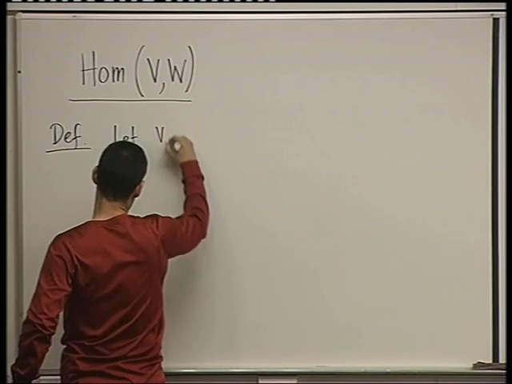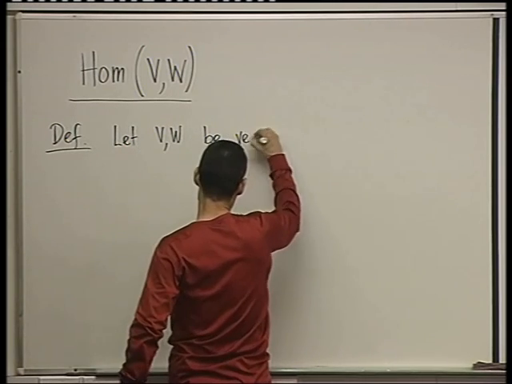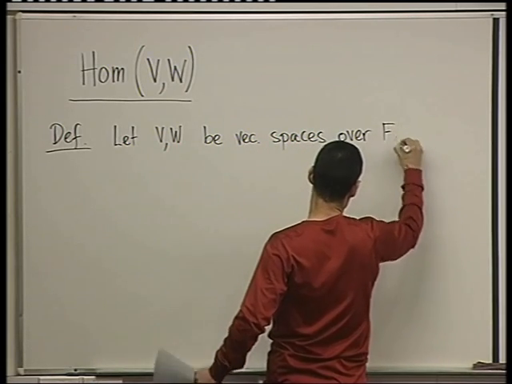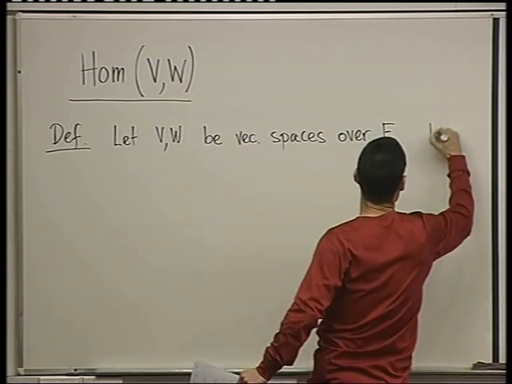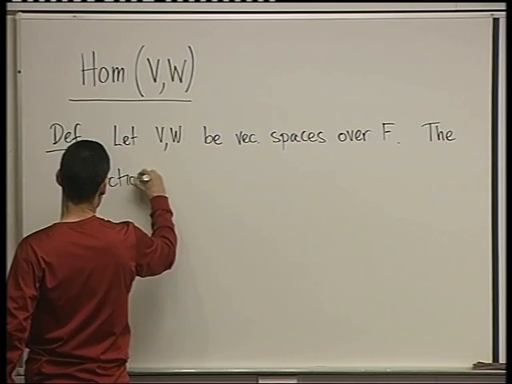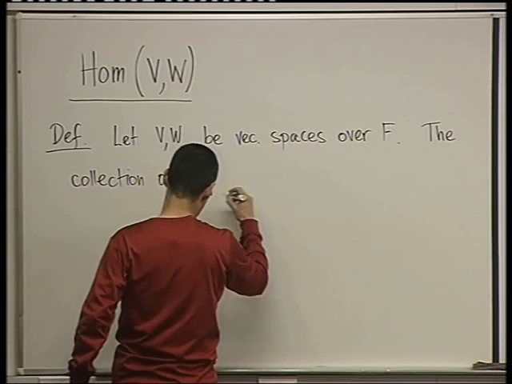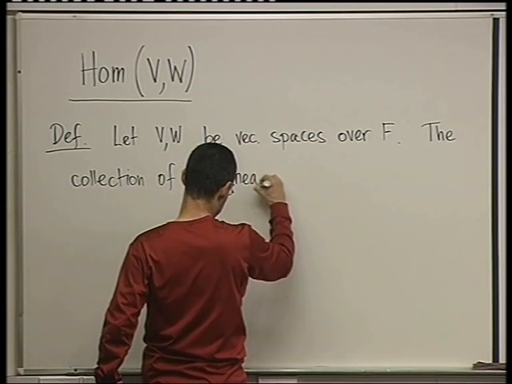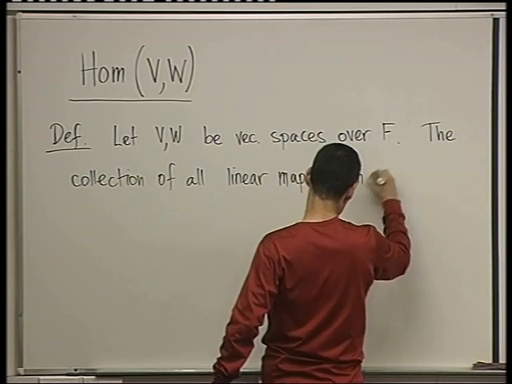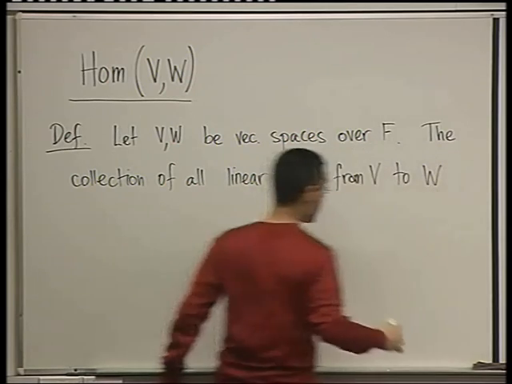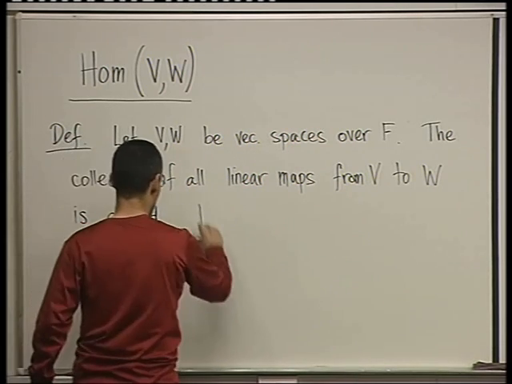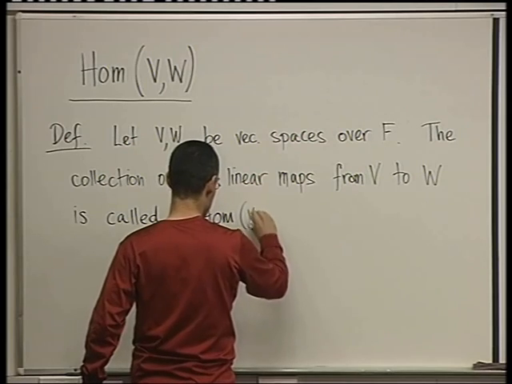Let V and W be vector spaces over some field F. The collection of all the linear transformations, all linear maps from V to W, is called and denoted Hom(V, W).